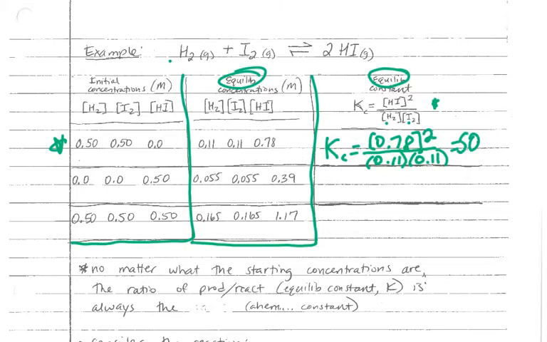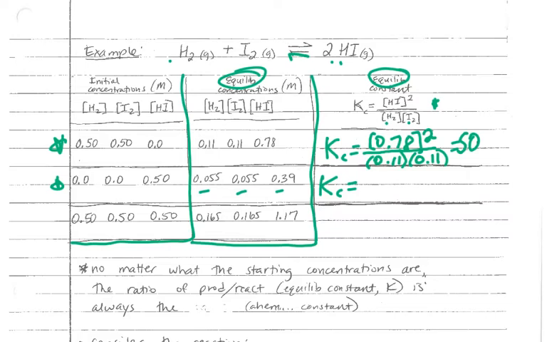Okay, so let's start with totally different concentrations. This time, we have no reactant, and we have 0.5 molar of the product. So now we're going to run the reaction in reverse. We do that, and we end up with increased concentrations of the reactant and decreased concentration of the product. So we still can plug in using the same equation. Even though we're going in reverse, this is still the product.